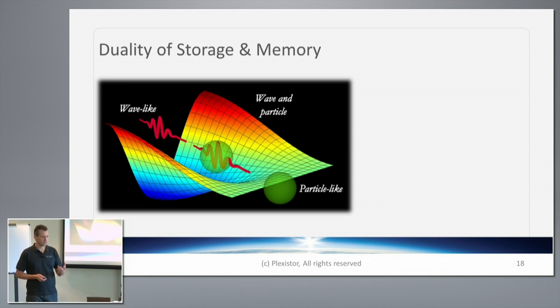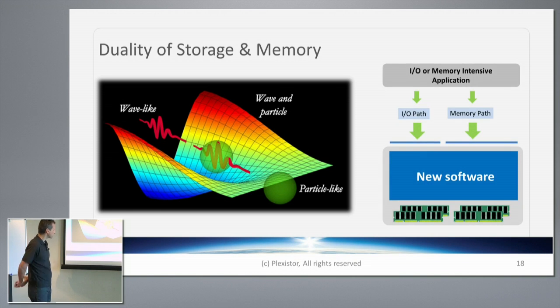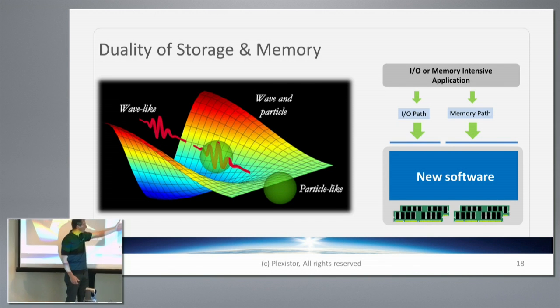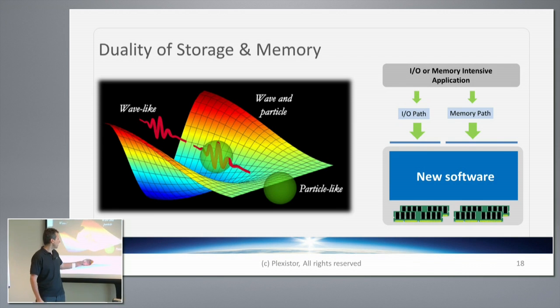You can access that as if it was memory, and you can access that as if it was storage. And basically, it's up to the application to decide what they want to do. So we have the applications here on top. Then we have an I/O path, a traditional storage I/O path, which is the read and write system calls. And then we have the memory path, which is basically the mmap system call and the msync system call.